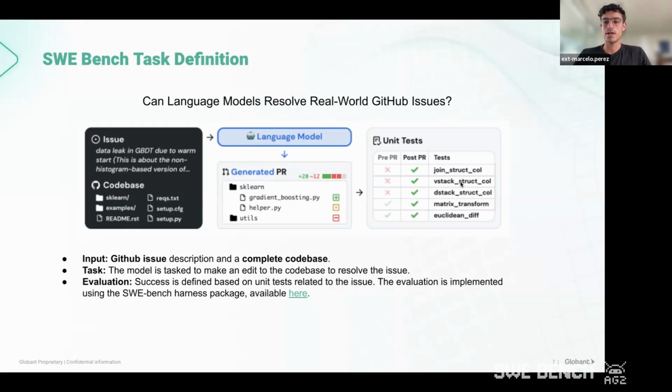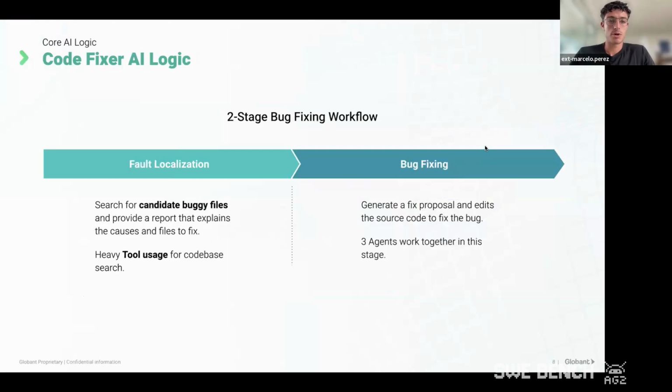So the input, as Jose was showing, is an issue and a code base. And then the language model or the agents are tasked with modifying the code base and fixing the bug or the issue. So our code fixer AI logic is divided into two steps or two stages.